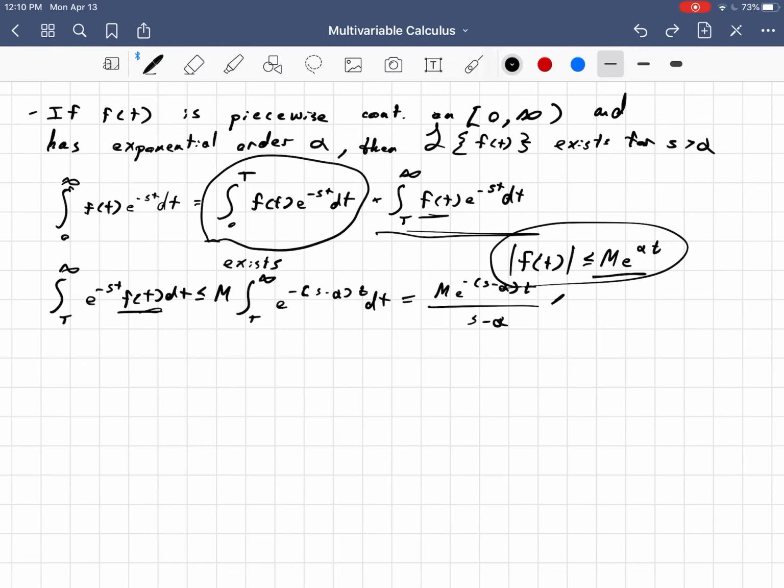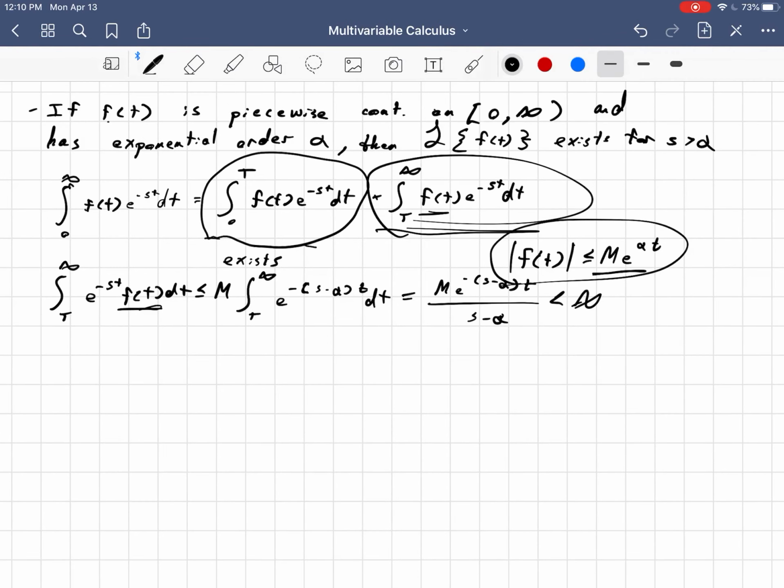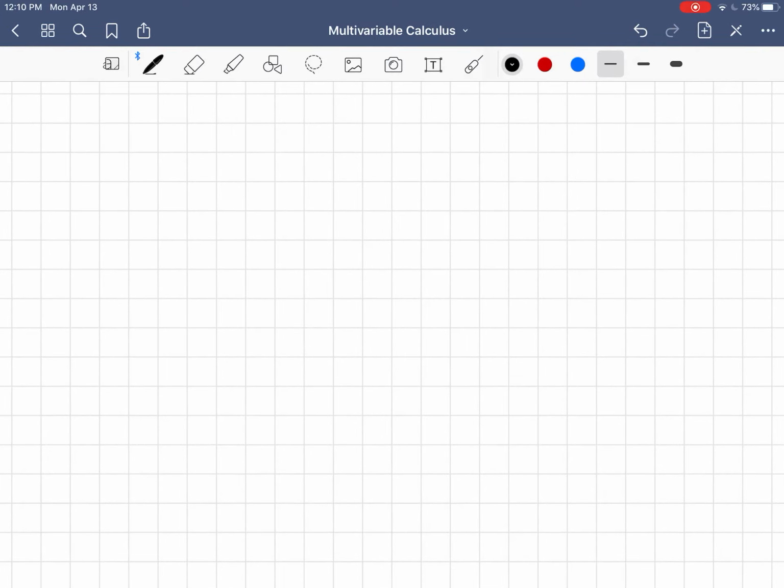And when we plug in infinity, it's definitely not going to go off to infinity because we have this negative sign here. That's why I wrote it that way. So in other words, this is going to be less than infinity. So both of the integrals, the first circled integral and this integral, converge. And therefore the Laplace transform exists, given these two initial conditions.